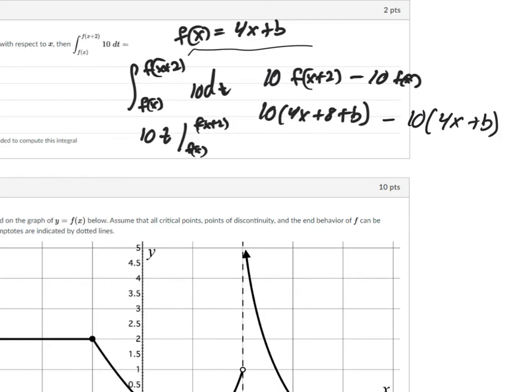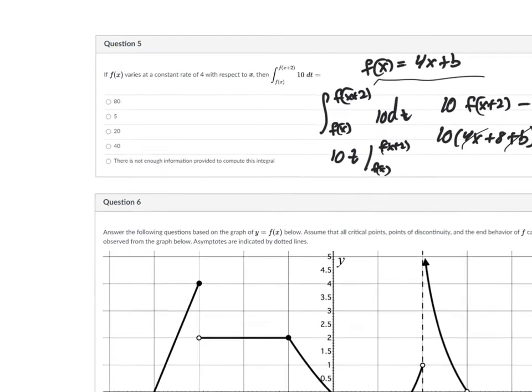Something we can notice is that the 10 times 4x and the 10 times b will immediately go away. So the 4x and the b go away on both sides, and all we're left with is 10 times 8. Our answer is 80.